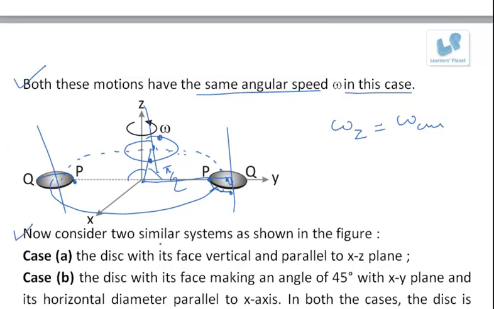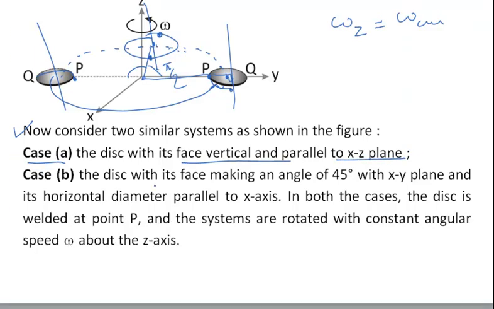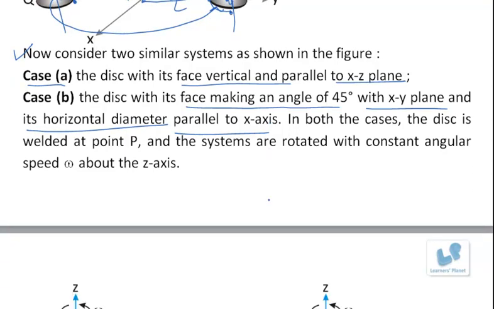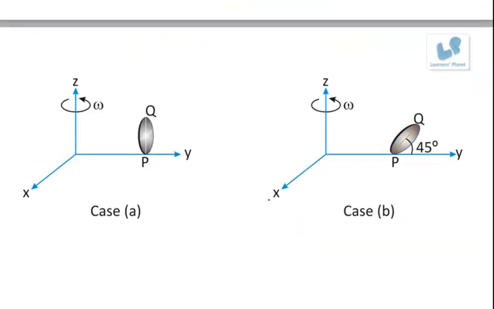Now consider two similar systems as shown in the figure. Case A: the disk with its face vertical and parallel to the XZ plane. Case B: the disk with its face making an angle of 45 degrees with the XY plane and its horizontal diameter parallel to the x-axis. In both the cases the disk is welded at point P. Now this is the case.